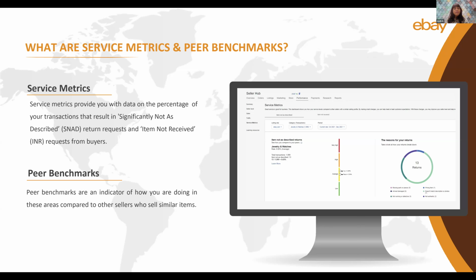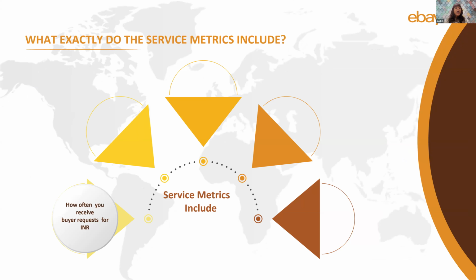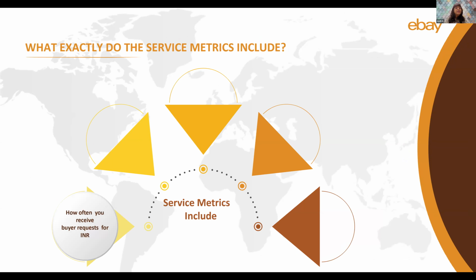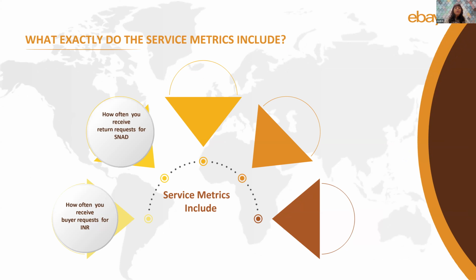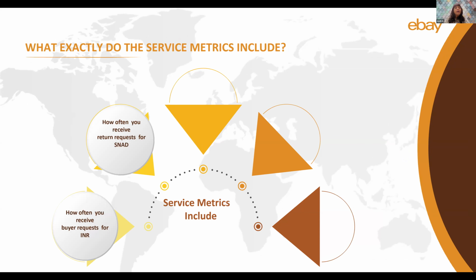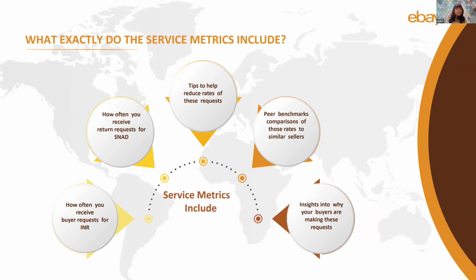Now, service metrics include information such as how often you receive return requests for item not as described or item not received requests. Peer benchmarks and comparisons is what you receive. So comparisons of those rates to similar sellers, and you also get tips on how to reduce these requests. You also get insights into why your buyers are making these requests.